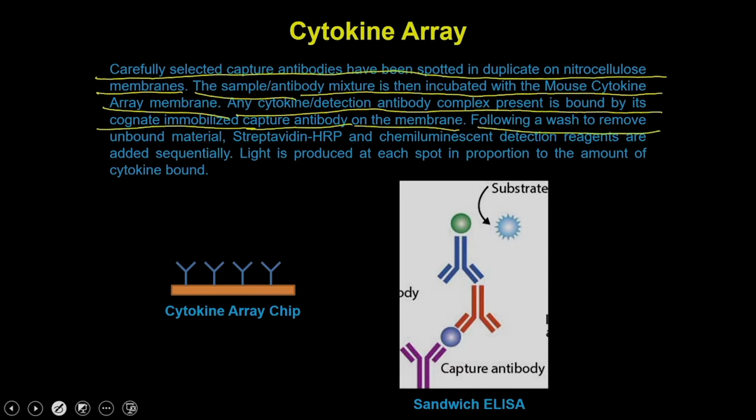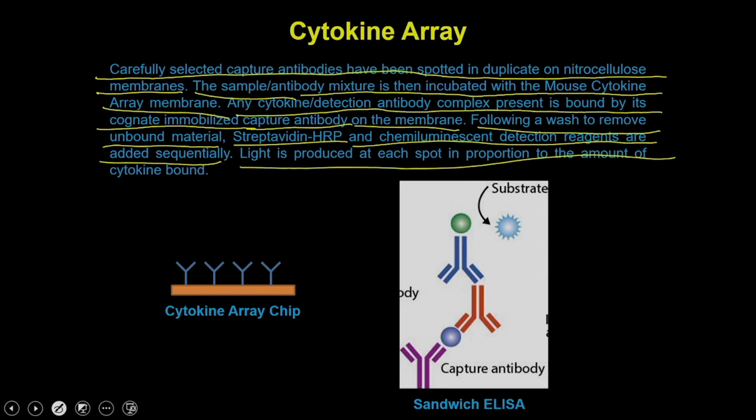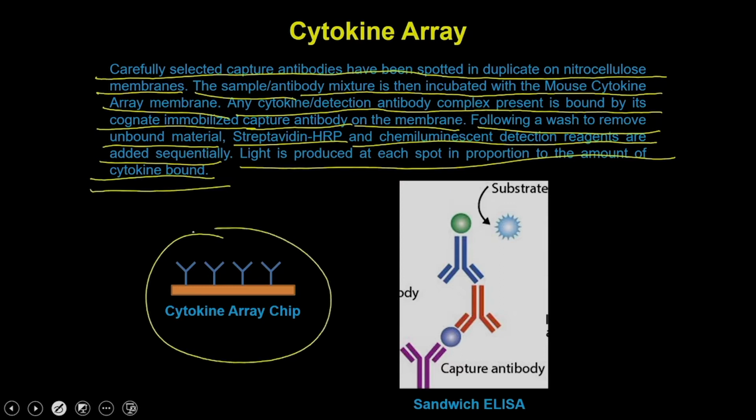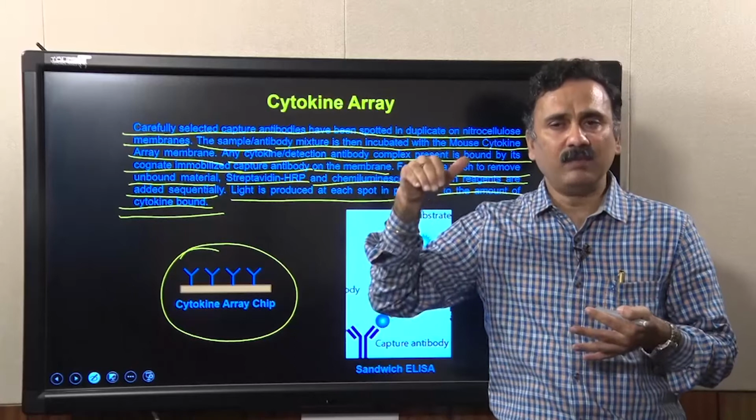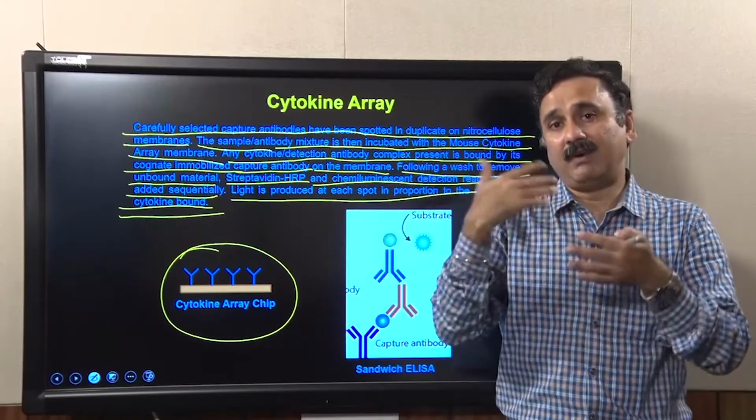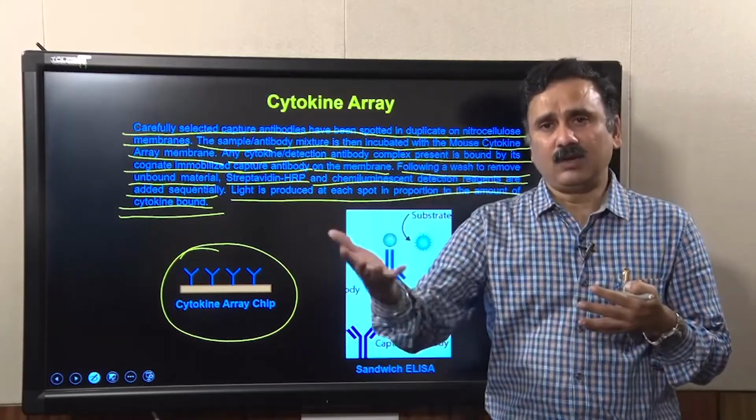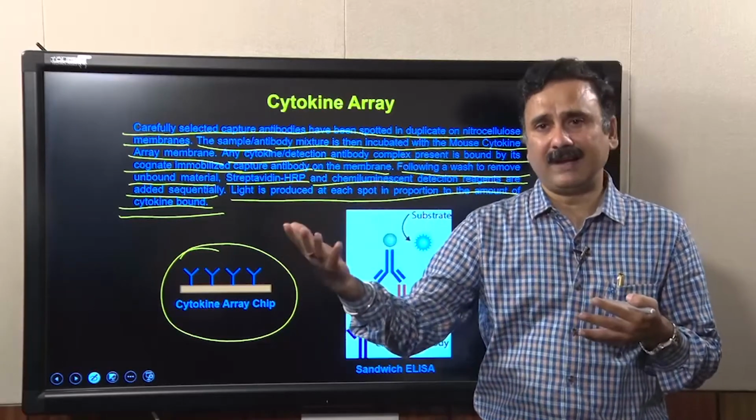Following a wash to remove the unbound material, streptavidin-HRP and the chemiluminescence detection reagents are added. Light is produced at each spot in proportion to the amount of cytokine present. So, this is a cytokine array where you have a membrane on which the antibodies are immobilized, and these antibodies will bind the cytokines present in your sample.